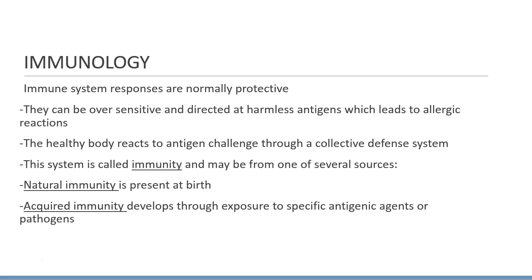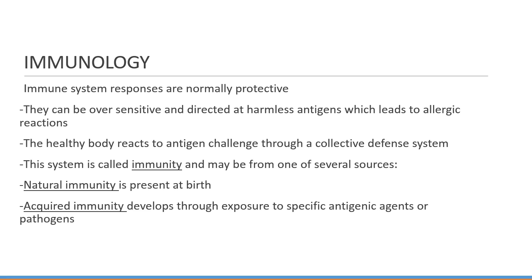Now, the healthy body reacts to antigen challenge through a collective defense system. This system is called immunity, and it can be from a number of different sources. Natural immunity is present at birth. It comes from mom and dad. Acquired immunity develops through exposure to specific antigens or pathogens.